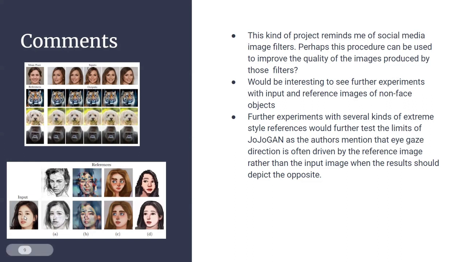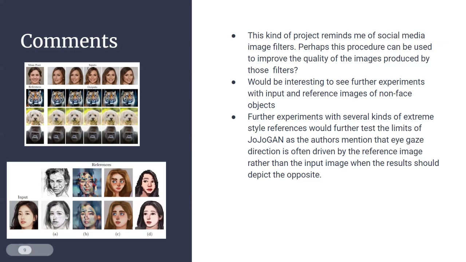So for example, in this photo right here, this person is looking straight, but the reference image is looking to the left, and with this output right here, it should be facing straight, but instead the eyes are facing to the left.